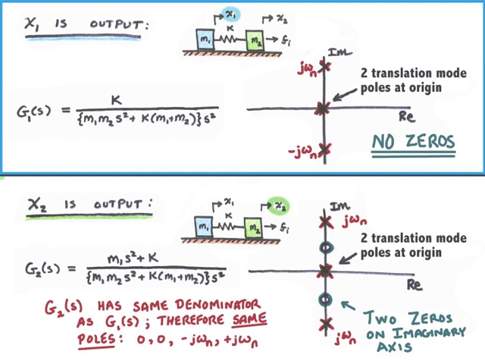When x2 is the output, the poles and zeros are distributed as shown here. We have the same poles, 2 at the origin and 2 on the imaginary axis. But we also have 2 zeros located on the imaginary axis. To finish this example, we'll compare these 2 figures. They show the poles and zeros, where the input is Fi and the output is x1 in the top figure and x2 in the bottom figure.